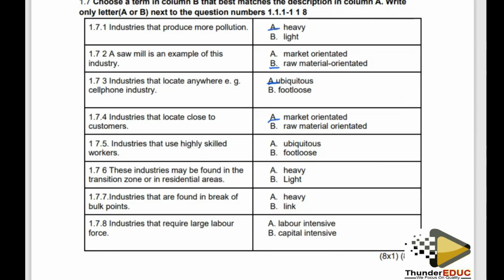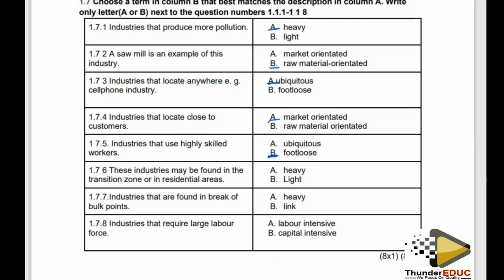Industries that use highly skilled workers, that will be the footloose industries, because since they don't have direct contact with clients, they usually have to employ highly skilled workers so as to efficiently offer services. In most cases, they do online services, etc.